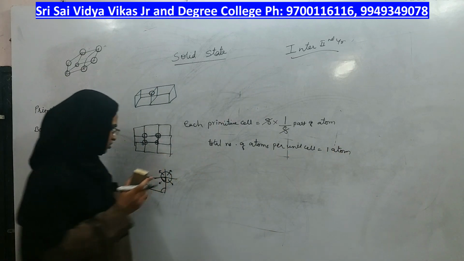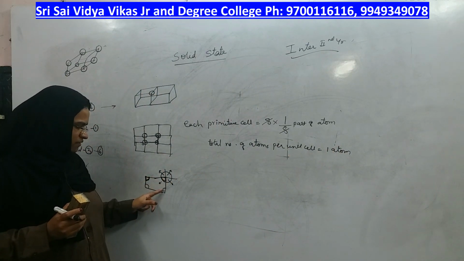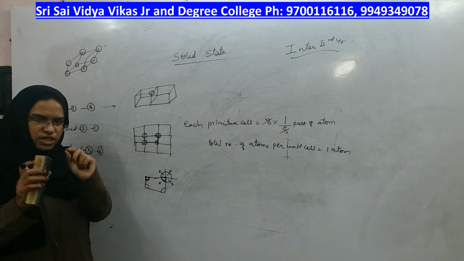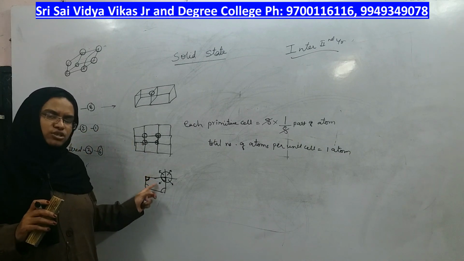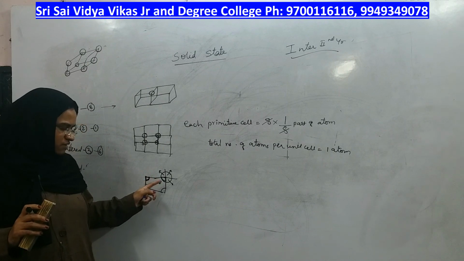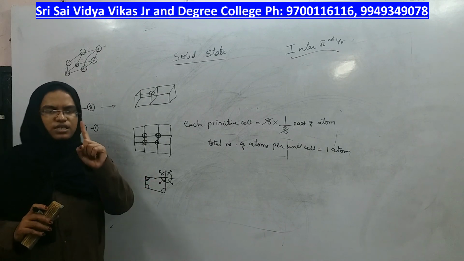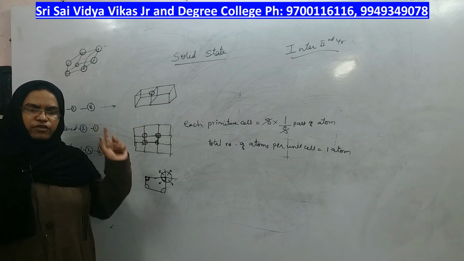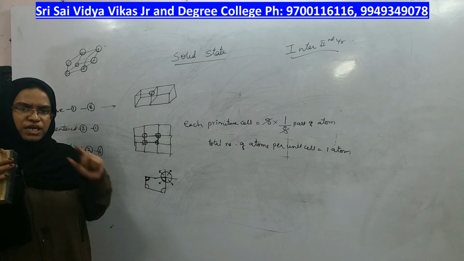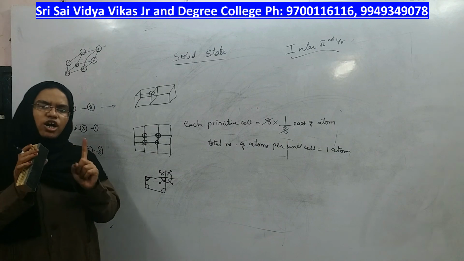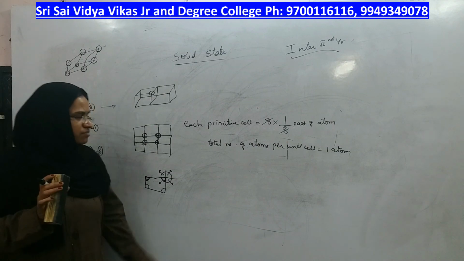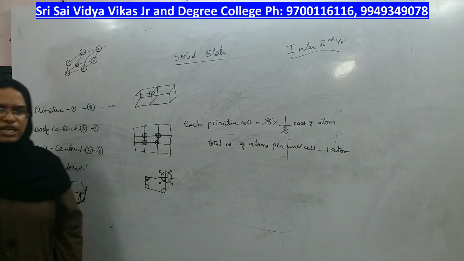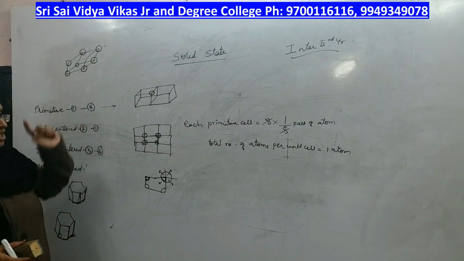Because if you count 1/8 part, 1/8 part, 1/8 part, like that total 8 parts together, only one atom belongs to the cell. Front 4 parts, back 4 parts, if you count all of them, they make only 1 atom. Therefore, the total number of atoms per unit cell is only 1 atom for primitive.